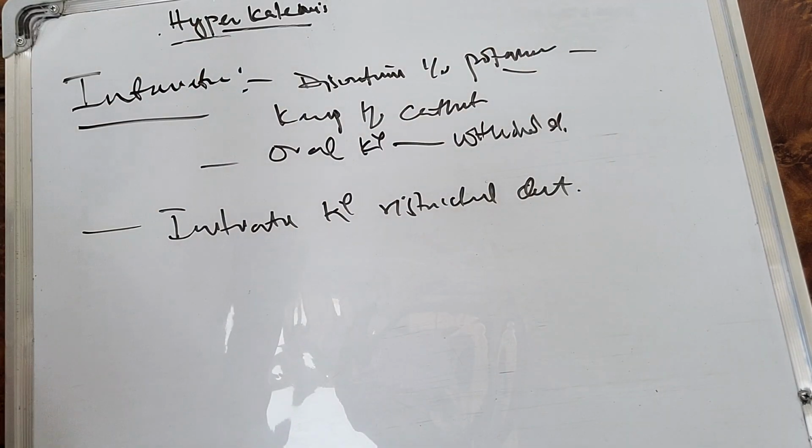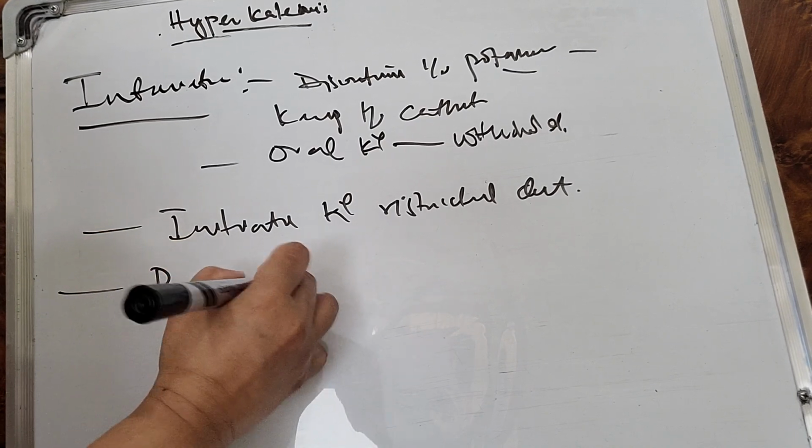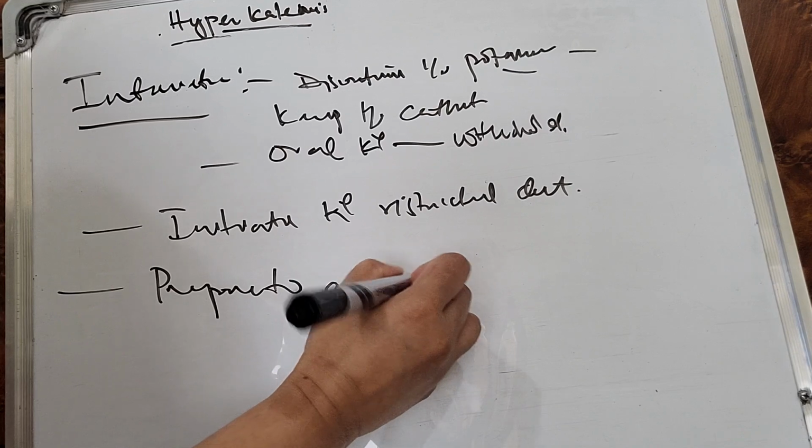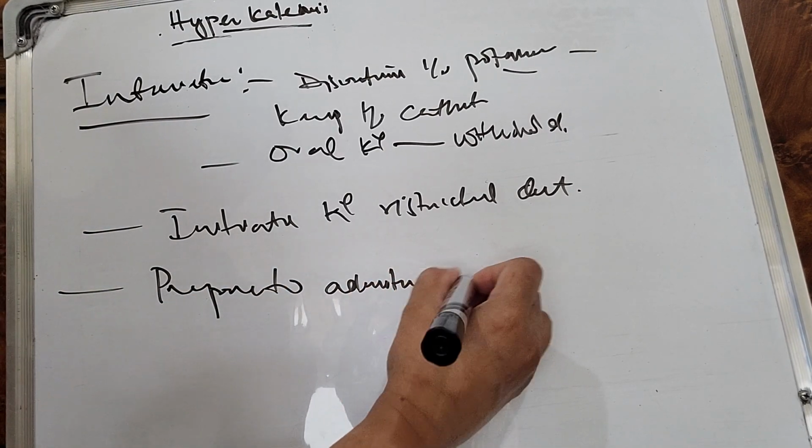Yesterday, in the video, I told you the whole list of potassium containing foods. We will avoid those foods for the patient with hyperkalemia. Then prepare to administer potassium excreting diuretics.